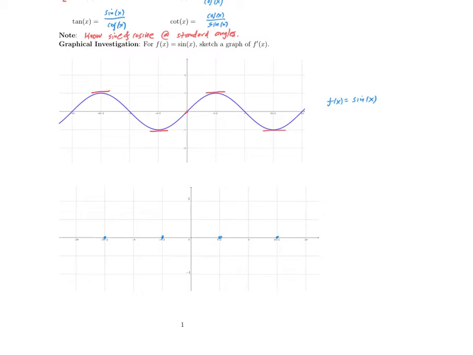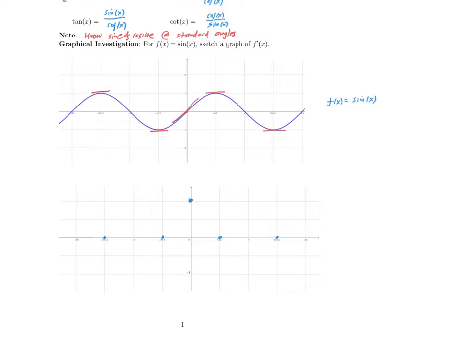Similarly, if we now pick a few key points in between, if we look at 0, if I draw the tangent line at 0, we can see, roughly speaking, that's a line with positive slope. And if we had to guess as to what the value of the slope would be, it looks like it goes over about as far as it goes up. So I'm going to roughly guess the slope of that line is 1, which would mean the derivative at 0 is 1.